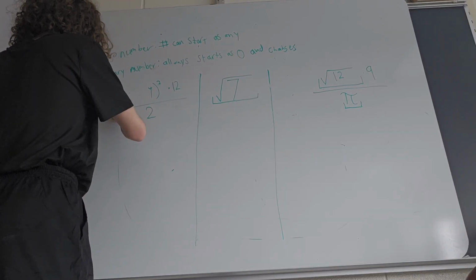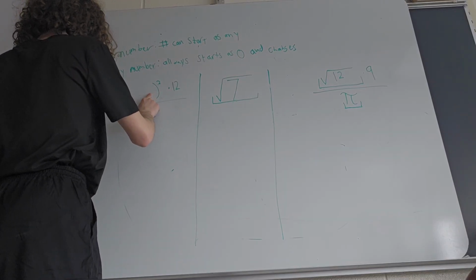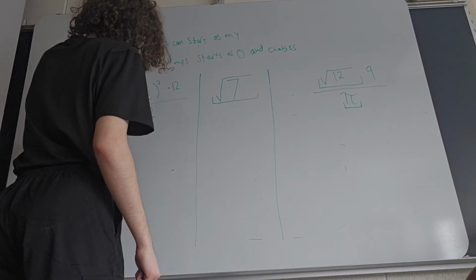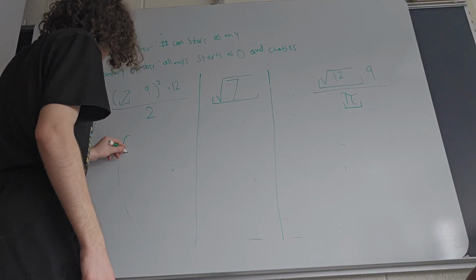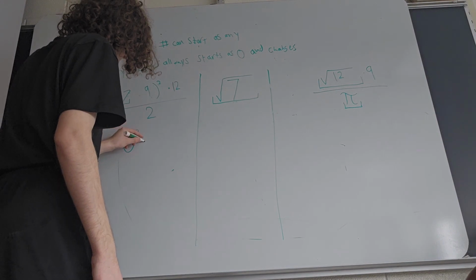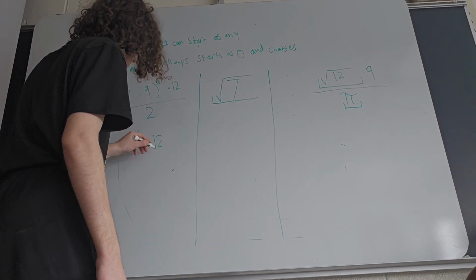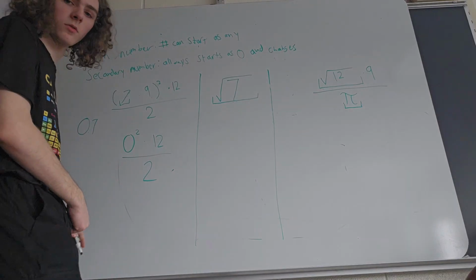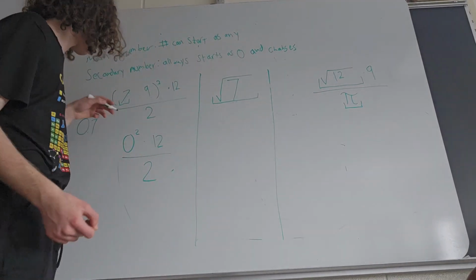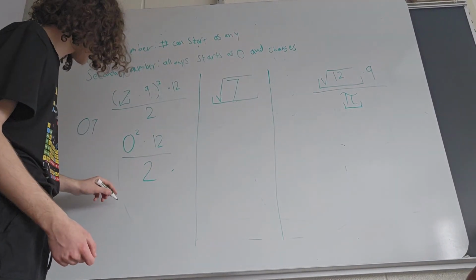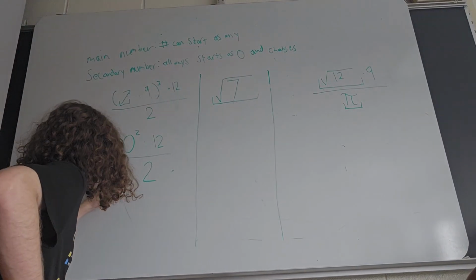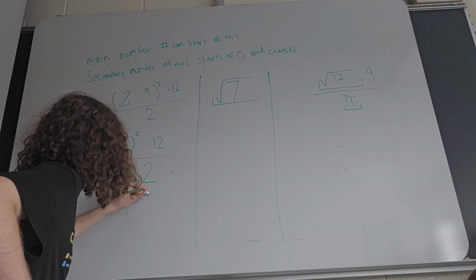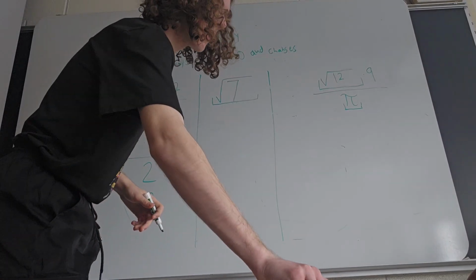This is now all 0 squared times 12 divided by 2. So now we got this. So now it's 0. Well, that's still 0 times 12. So, now that's it.